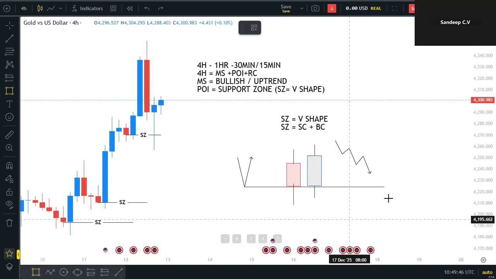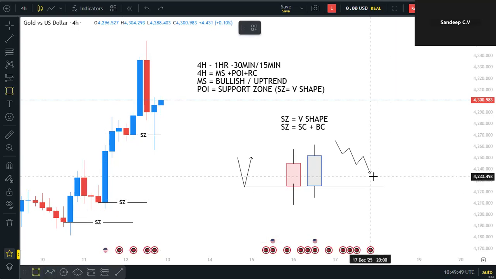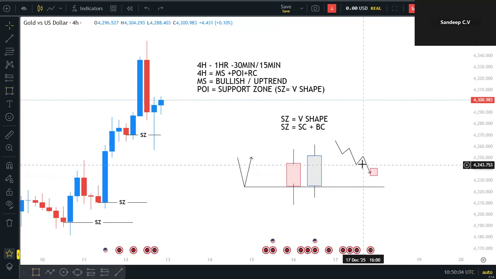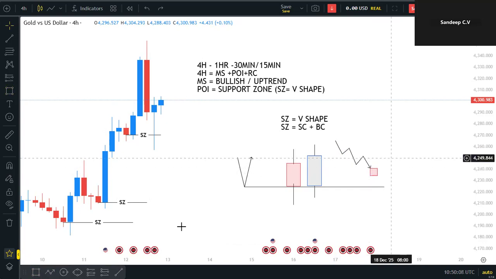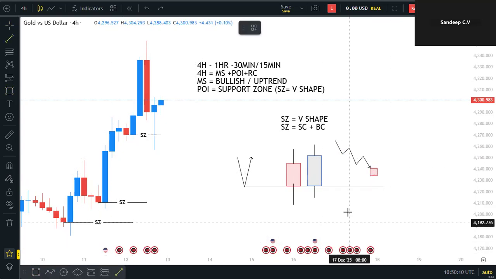And my rejection candle can either be a bearish candle or a bullish candle. But what I want to note as the confirmation that rejection has happened, be it a bearish candle or a bullish candle, is for the body of the candle to close above my support zone. So once the candle closes above my support zone and not below it, I have a rejection.